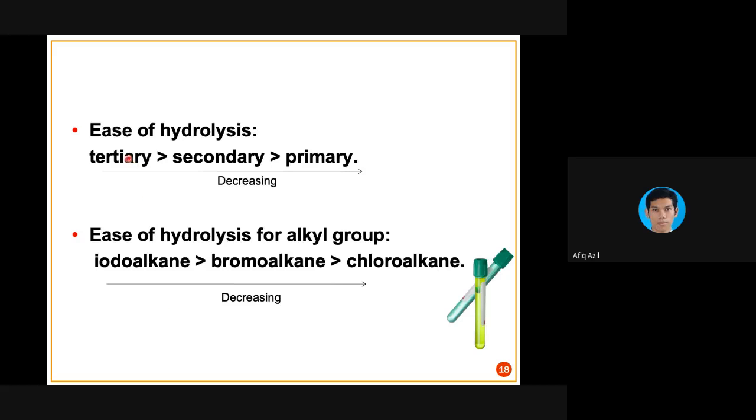Tertiary will be the easiest to be converted from alkyl halide to alcohol. Okay, tertiary, secondary, and primary. And then in terms of ease of hydrolysis for the halogen, the easiest is if you have iodine. So iodine, bromine, and chlorine.